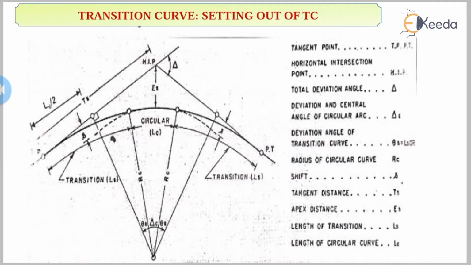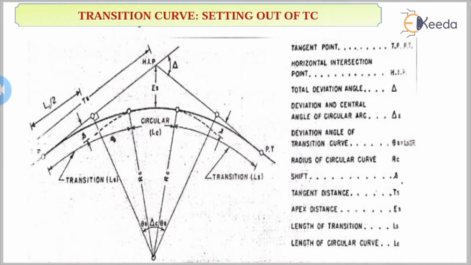So PC, HIP and PT is the tangent, and HIP is the point of intersection of the two tangents, and the transition and circular curve is inscribed in these two tangents.